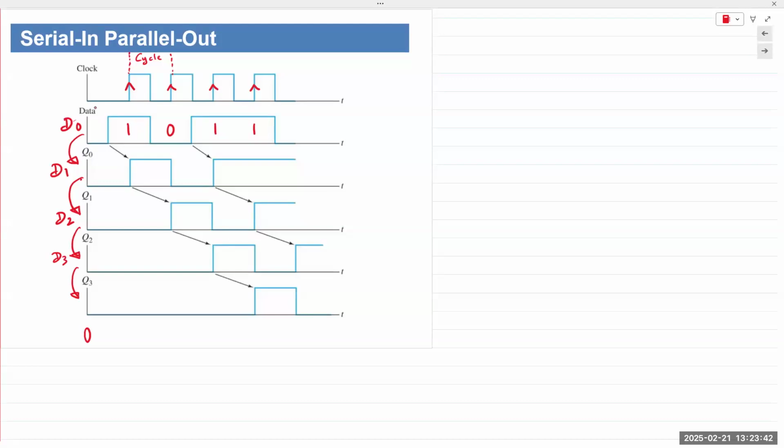Since we are sending it serially and then taking our output in parallel, our parallel output is counted as Q3, Q2, Q1, and Q0. Okay. Least significant bit would be on the left. And so our output in a parallel fashion would look like this: Q3, Q2, Q1, and Q0.